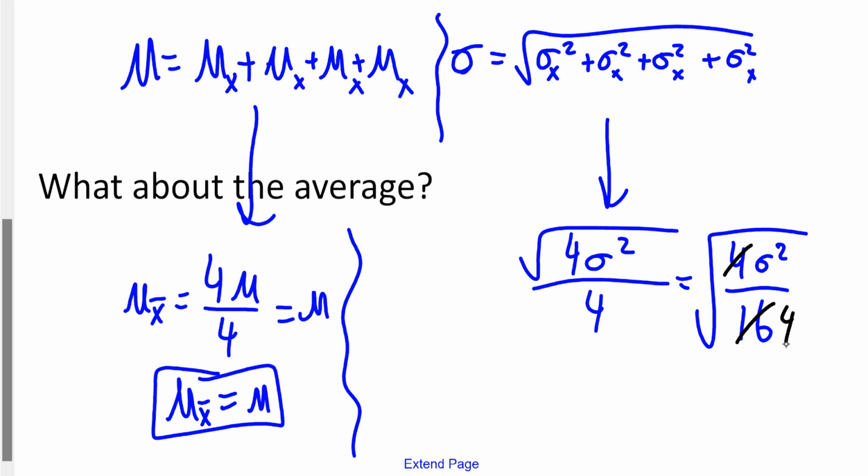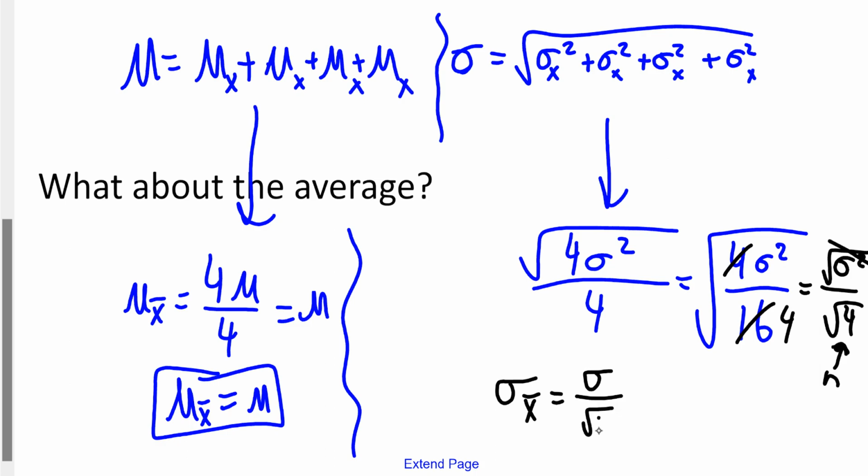And ultimately, we can reduce this even further, because then we can separate it: sigma over the square root of 4, which in this case, that's our n, would reduce to just 2. But in general, we can say the standard deviation of all of our x bars, or sampling distribution of sample means, would be, these cancel out, so just sigma on top over the square root of n.